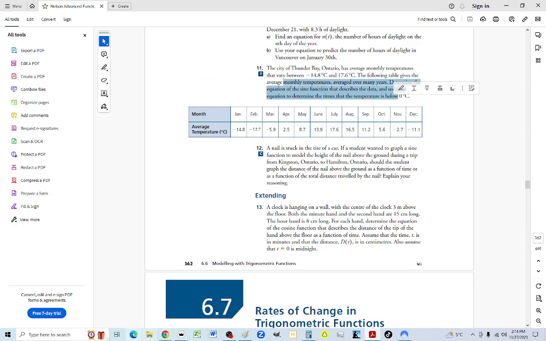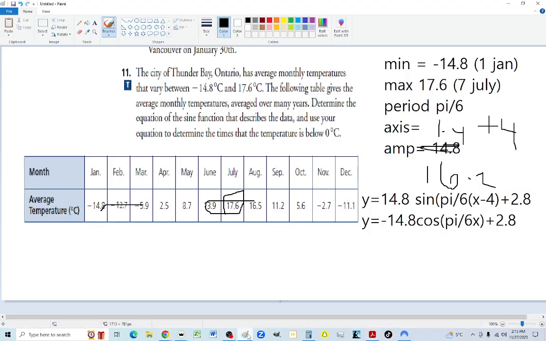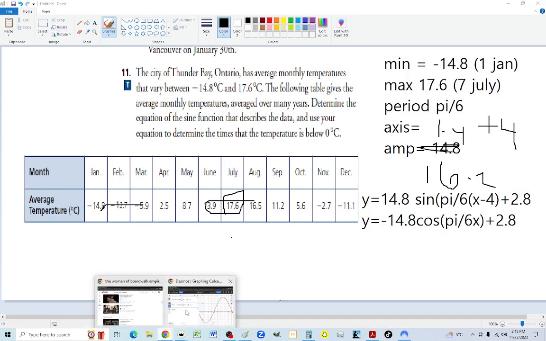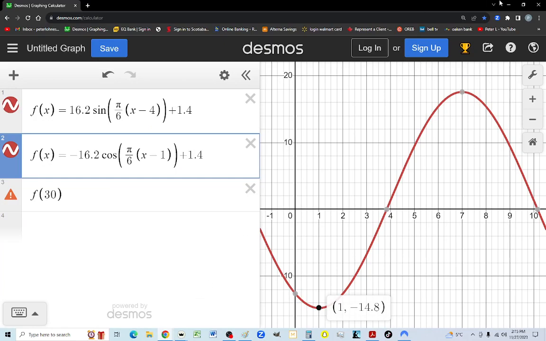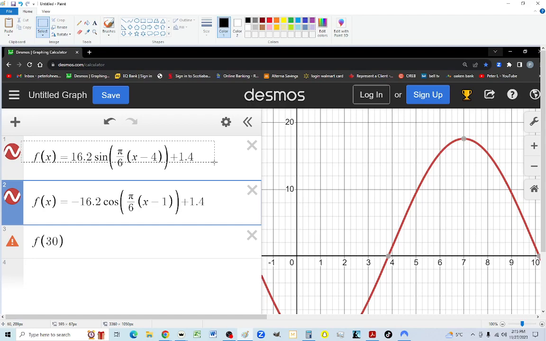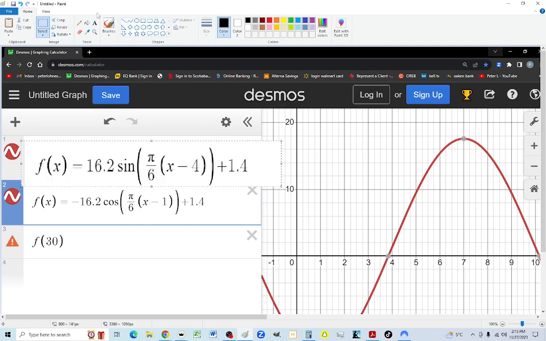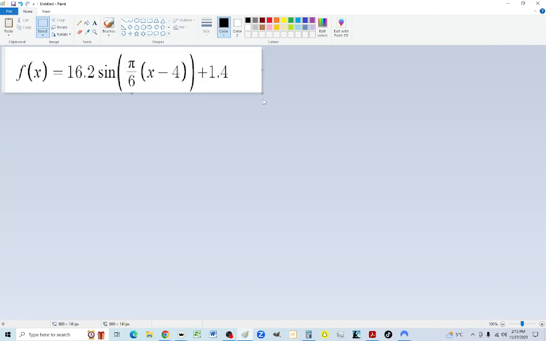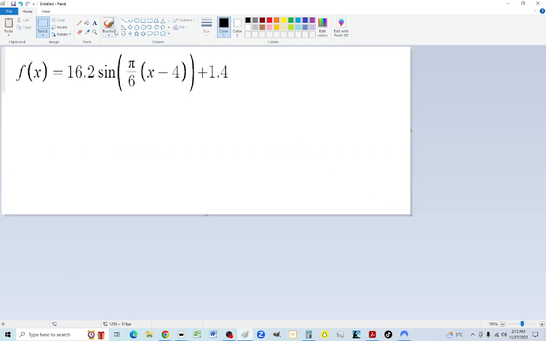When is the temperature below 0? Okay, so there's 2 ways to go about this. Let's assume that this equation here is correct. And we're going to use the sine. First of all, since we know it's a sine that's slightly adjusted to the right, we know it's going to start here, go up, down, and up.